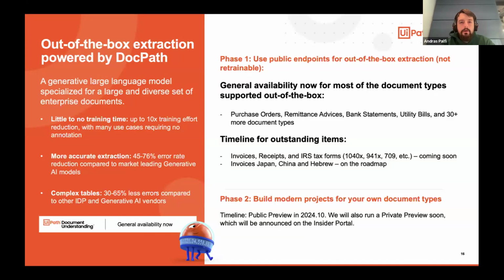Here we have, by now, around 40 or 50 out-of-the-box models, and we already started rolling out DocPath to serve those public endpoints. We already have DocPath serving purchase orders, remittance advices, bank statements, utility bills, and 30 more document types.